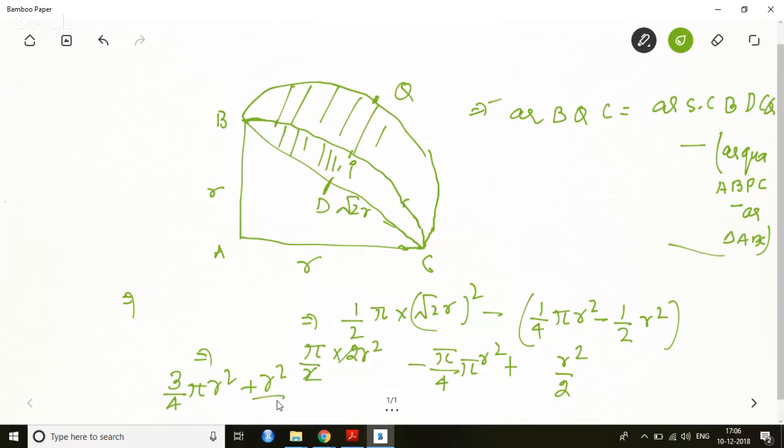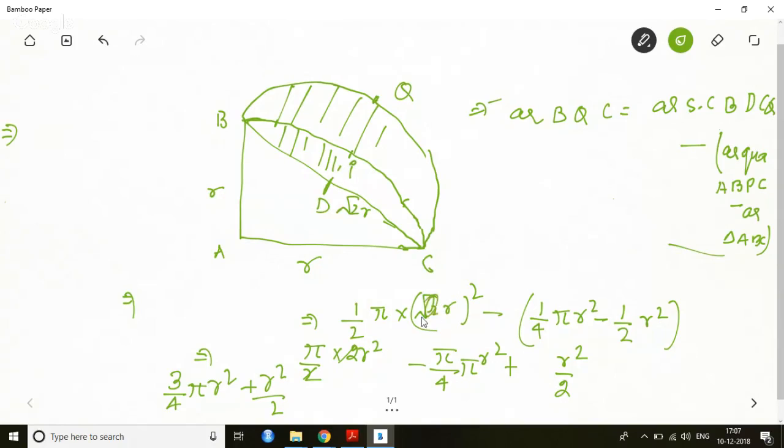Now let me put the values. Oh guys, I have taken root 2 here.